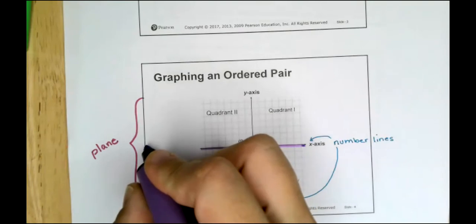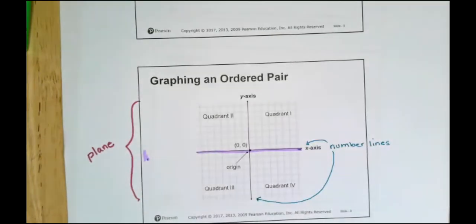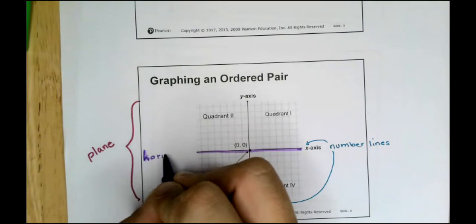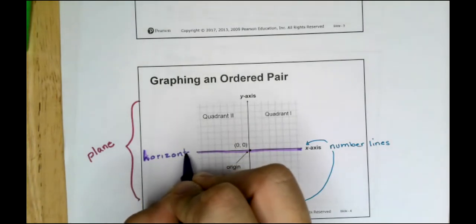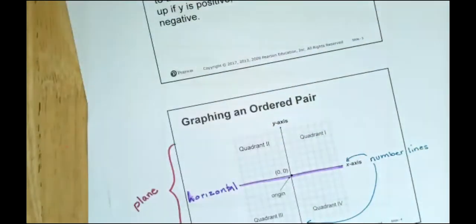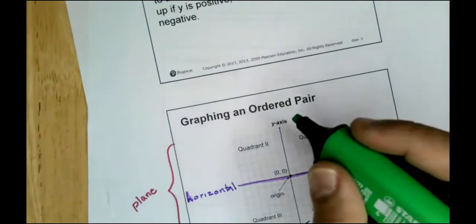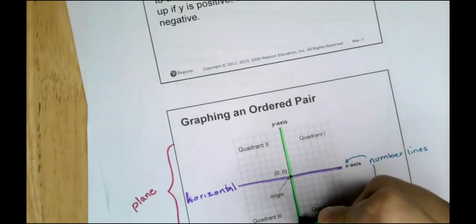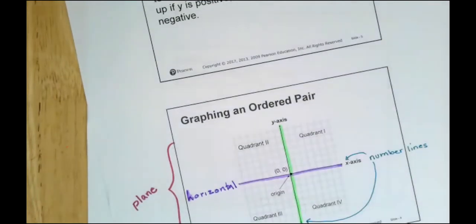We'll say this is horizontal. Okay, so the x always thinks flat, all right? And then we said that the vertical was green. So the y-axis is vertical. It goes up and down.